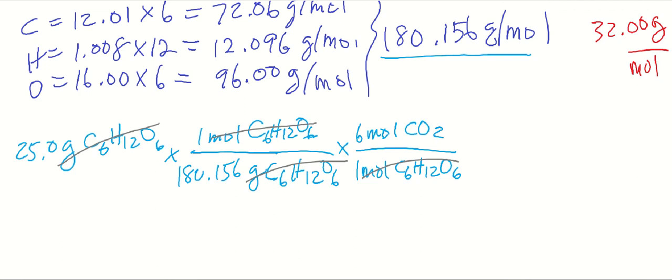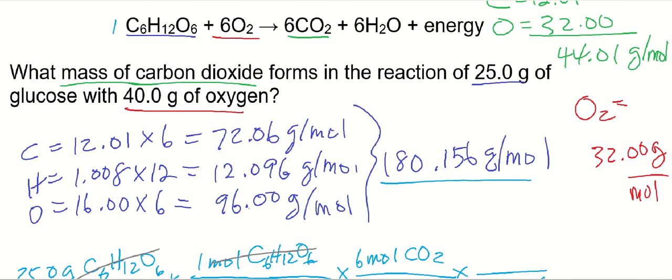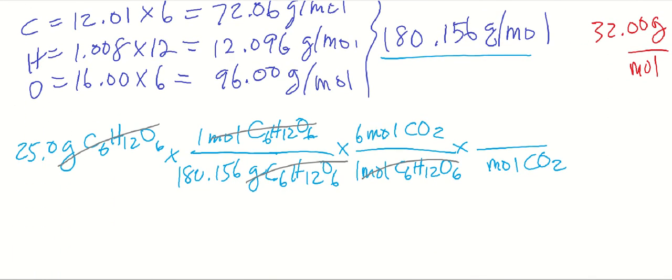And then finally, we can convert that into grams of carbon dioxide. We have moles of carbon dioxide right now, and let's turn that into grams. We found that earlier, it's 44.01 grams of carbon dioxide in 1 mole of carbon dioxide.